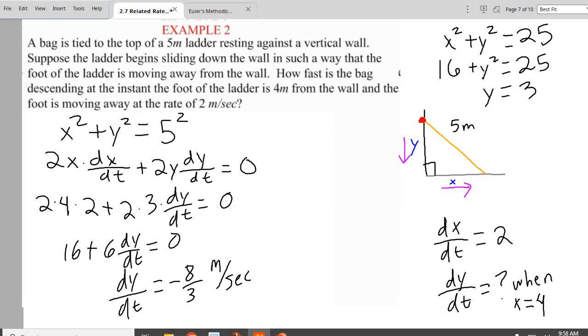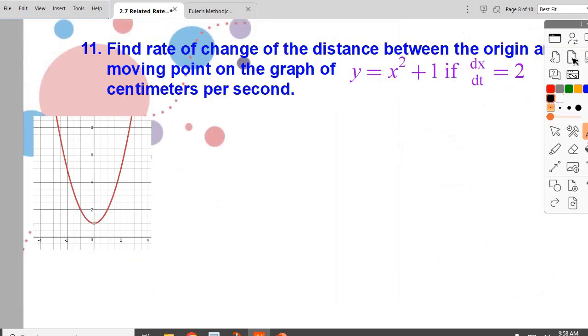So negative and positive is kind of just whatever you describe it to be. But positive is going to be to the right, negative would be to the left in the case of our horizontal movement. It's going to be up or down in the case of our vertical movement. Are we okay with that? All right. Continuing on.